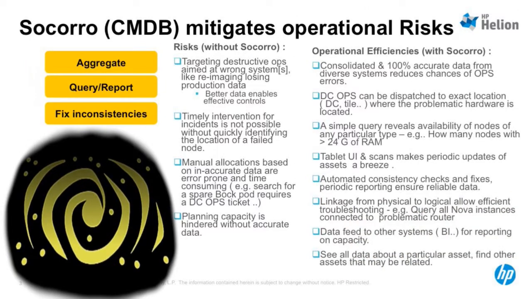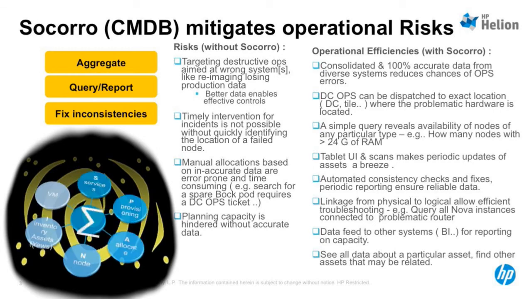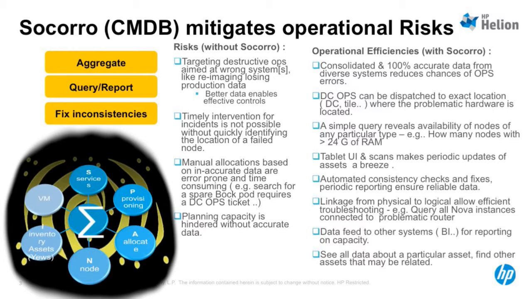How does the CMDB work here? The CMDB that we have in public cloud HP is codenamed Socorro, and it is basically an aggregation engine that brings in this data from diverse providers, including OpenStack services, your provisioner, your allocations, allocations meaning who owns what, your virtualization technologies, your inventory, what assets, and where do they live, and any other info you have about that node.